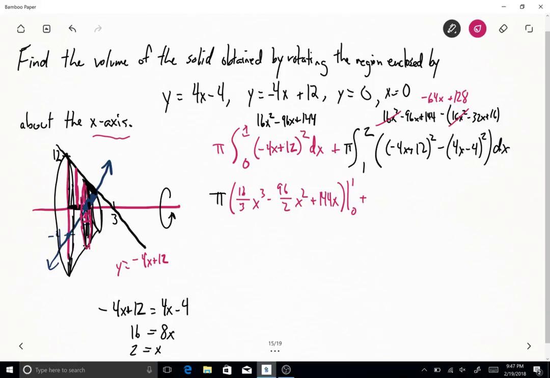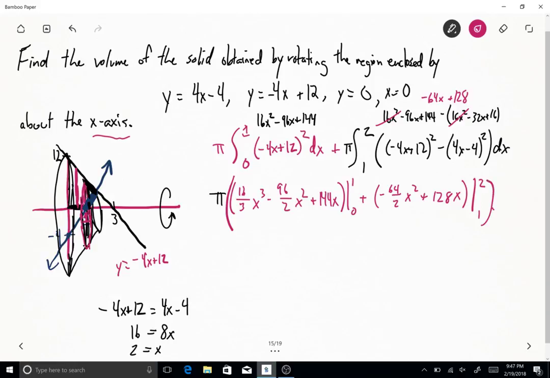So notice now we have negative 64x, and that antiderivative will be negative 64 over 2 x squared, and then plus 128x evaluated at 1 and 2, and we need pi times all of this stuff, right?